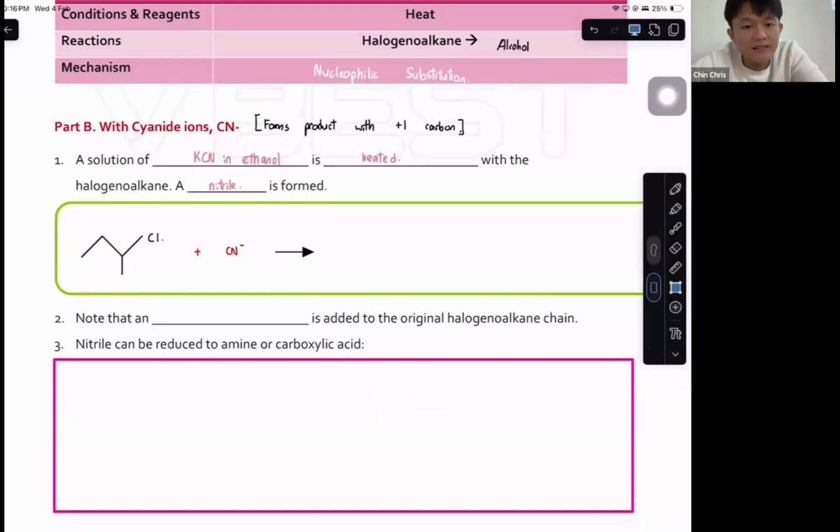Your Cl is gonna get substituted. One more time, your Cl is gonna get substituted by a CN minus. So eventually, your Cl is gone now, guys. You see, your Cl is bye-bye, no more Cl. So what we're gonna get is a C triple bond N. How do you draw it? C triple bond N.